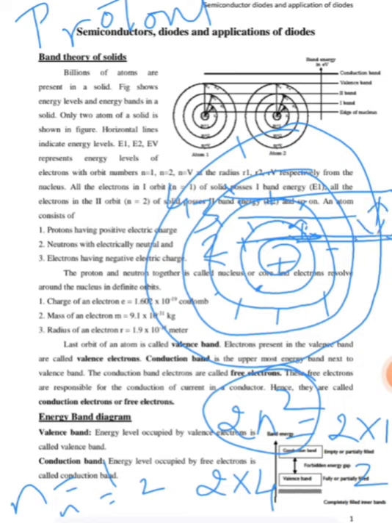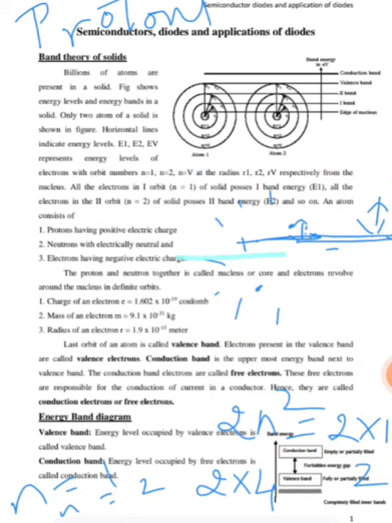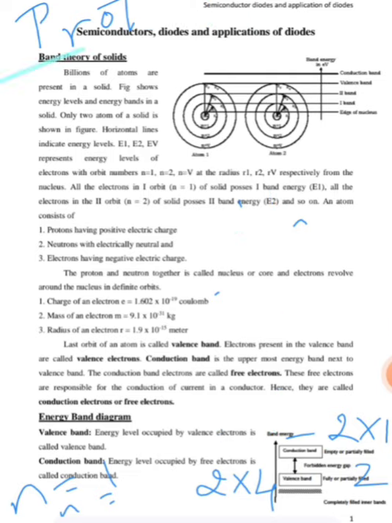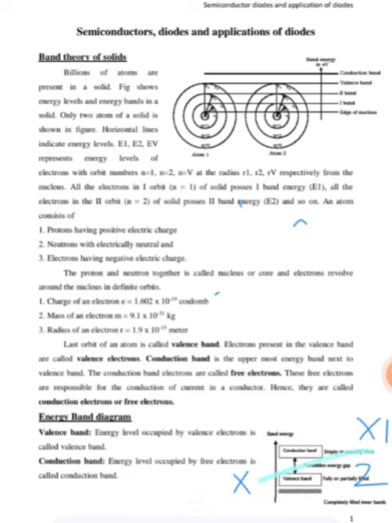And from this region to this region, the energy level will be different. And that we are going to study in energy band diagram. And the particles which are revolving the nucleus are negatively charged, and we are going to call them as electrons.